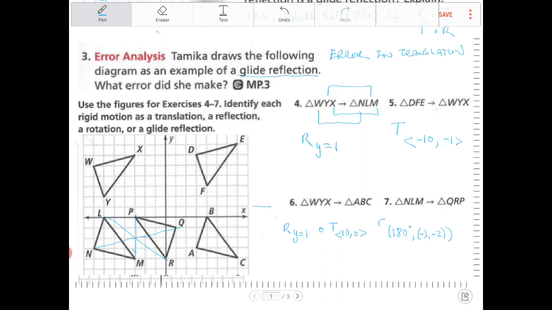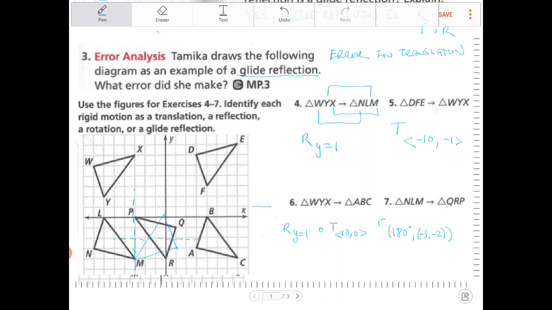You can also think of this as a combination of maybe two different reflections, right? So another way that you can do this is perhaps we can reflect, and then after we reflect again.